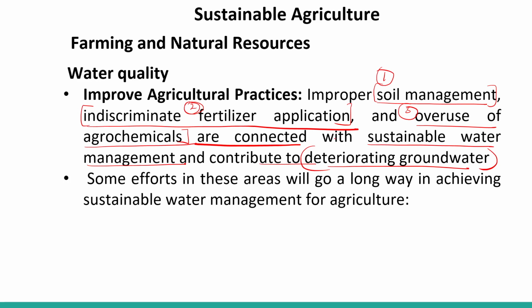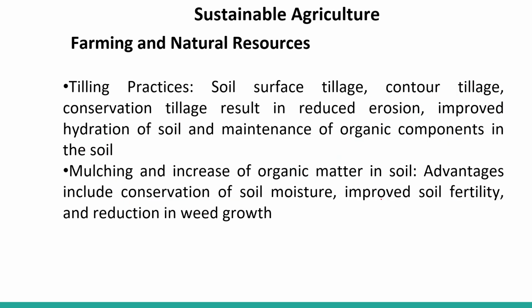Our water quality is going to degrade anyhow, and that can also deteriorate the groundwater. So some efforts in these areas will go a long way in achieving sustainable water management for agriculture. So let us see what those are.